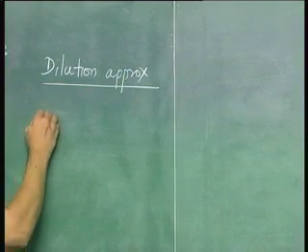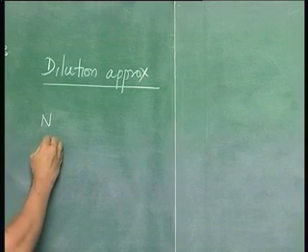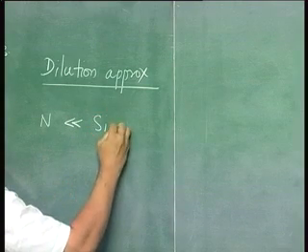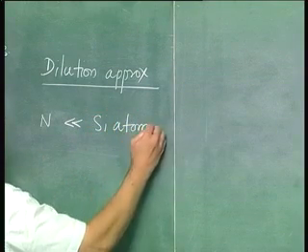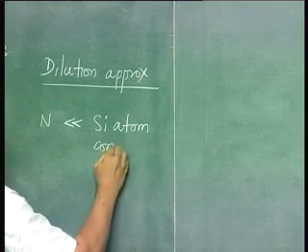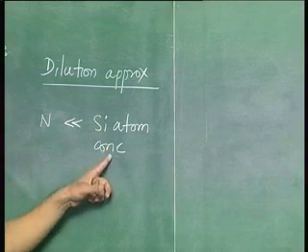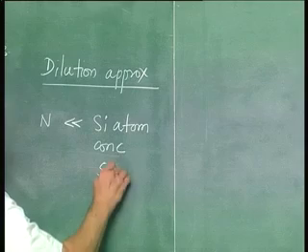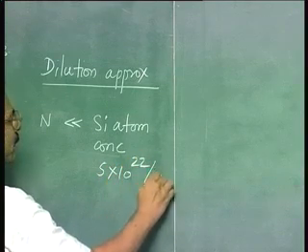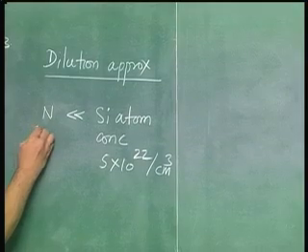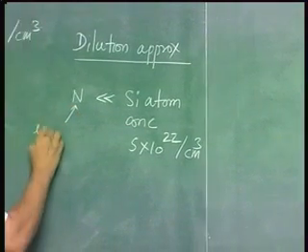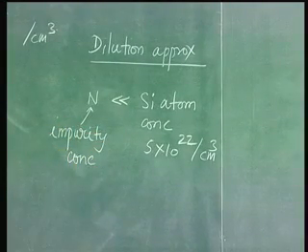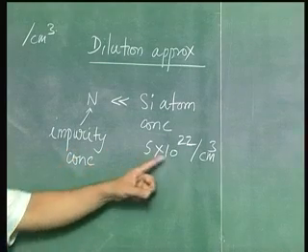What it means is that the concentration of impurity atoms N is much less than the silicon atom concentration, which, for example, is 5 into 10 power 22 per centimeter cube. So this impurity concentration is much less than 5 into 10 power 22.